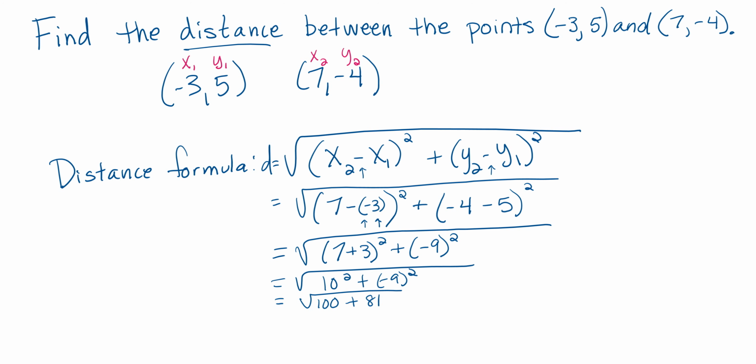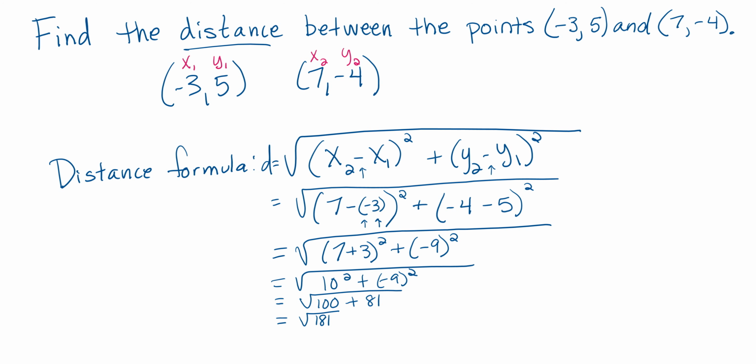And when you put that in the calculator, it ends up just giving you the square root of 181. So this is not simplifiable, as in if I sat there and tried to figure out what numbers would multiply to give me 181, I'm not going to be able to write this as a simplified radical.